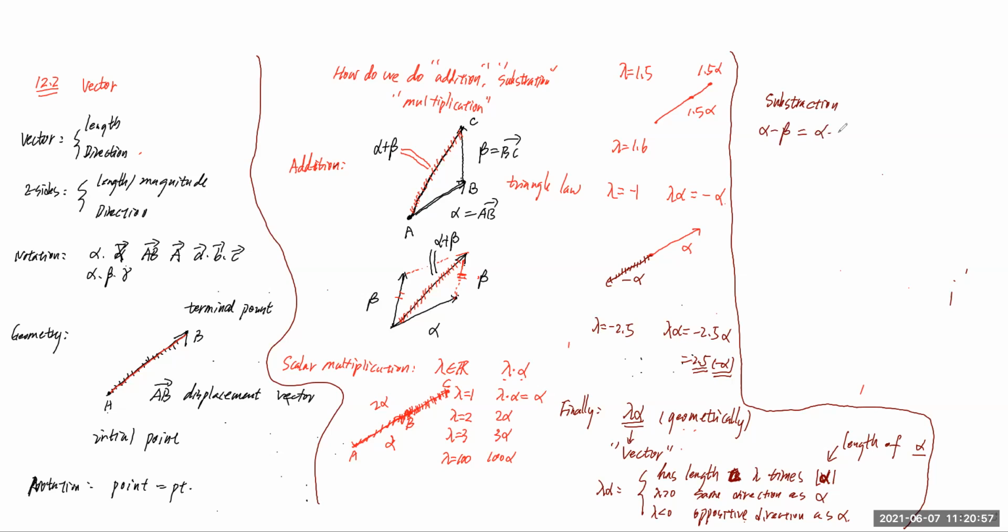We just do alpha plus negative beta, because we know how to compute this. We know how to compute vector addition, so we know how to do the subtraction. That's about the basic operations. Is it clear?